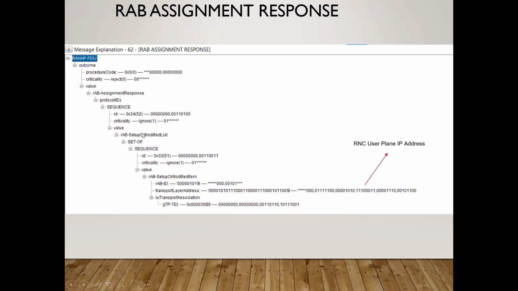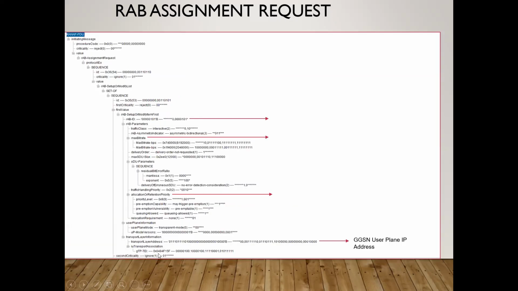And here the thing that you need to note is the cause code is 0. The main thing is that the RAB ID is going to be the same. Yes, there is one more thing: the GTP tunneling ID. Just like we had a tunneling ID between SGSN and GGSN, we will have a tunneling ID between RNC and SGSN as well.